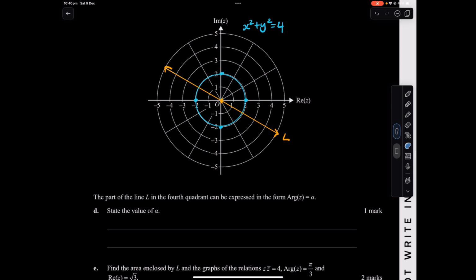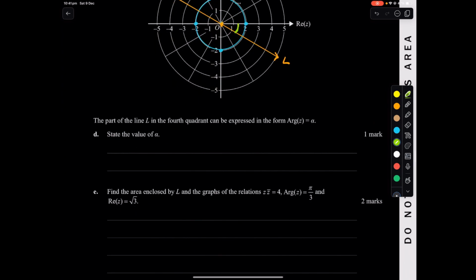Next question. The part of the line in the fourth quadrant, so here in this fourth quadrant, can be expressed in the form argument z equals alpha. State the value of alpha. Easy. Well, we have the line L, and the angle is this, isn't it? And we already did find that angle. We said it was negative pi over 6. So that's your alpha value. Your alpha value is just negative pi over 6.